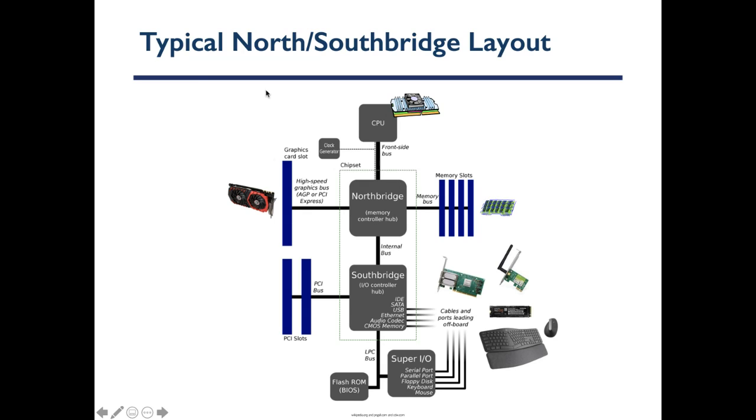So you usually connect your GPU to the North Bridge, and then from here you have a branch that goes to another hub, the Southbridge, or your I/O controller hub, where the bulk of your I/O devices are connected.